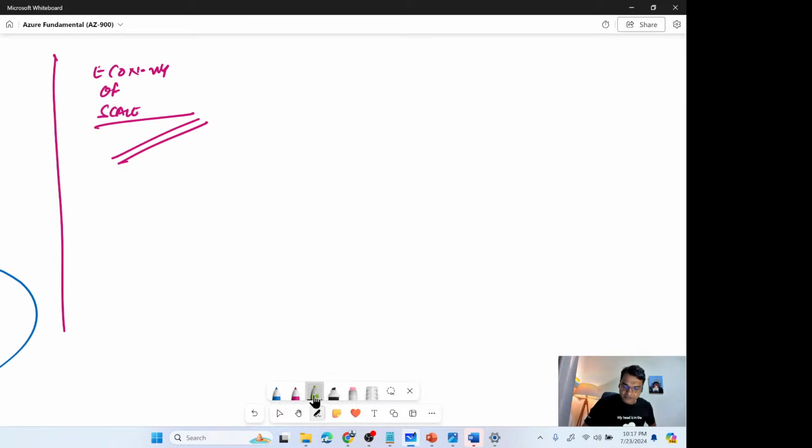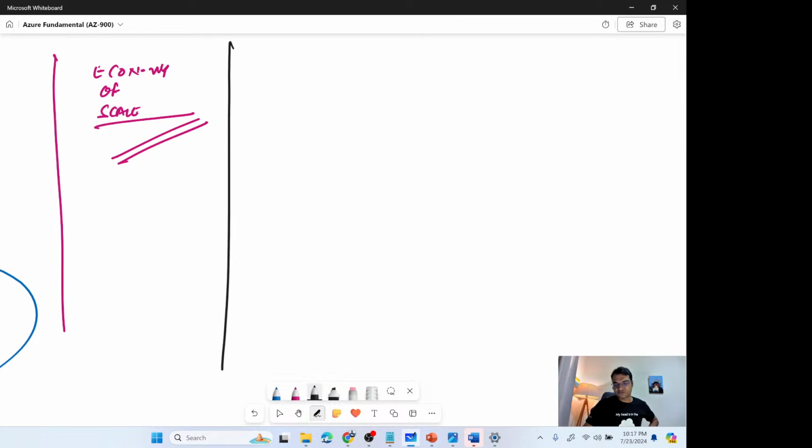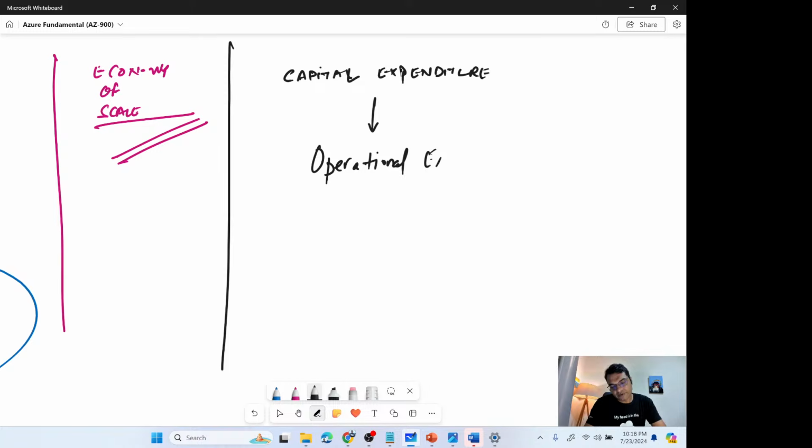The other thing I want to talk about, because we were talking about some of the key terms and terminologies when it comes to cloud, is this term, and I'm sure many of you must have heard it: capital expenditure to operational expenditure.